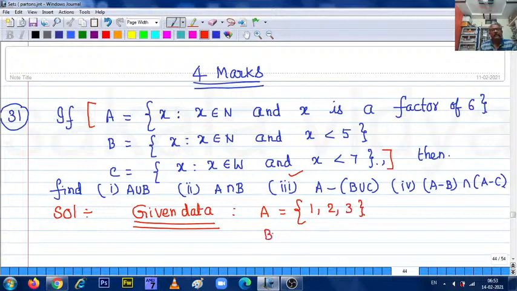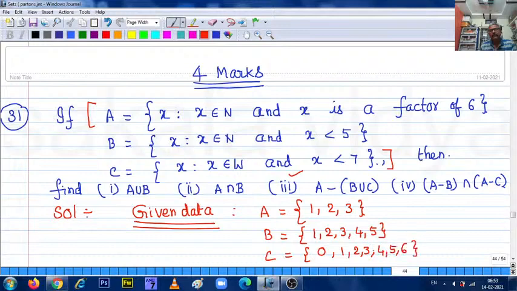B equals natural numbers less than 5: 1, 2, 3, 4. C is a whole number less than 7: 0, 1, 2, 3, 4, 5, 6. So this is the given data. It gives 1 mark in the examination, or sometimes 2 marks.